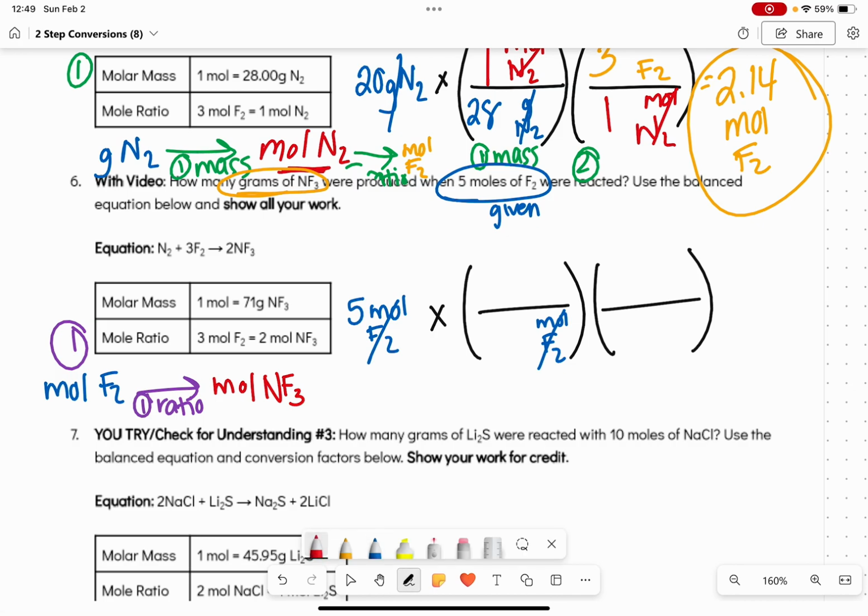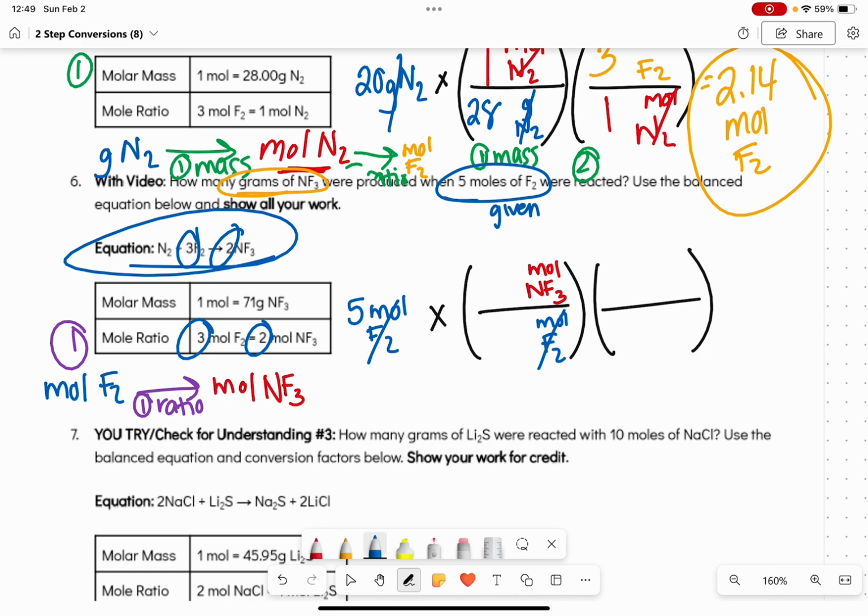And I want to find moles of NF3, so that's going to go on the top. Now the numbers that go with this come from our balanced equation, our coefficients. So the 3 in moles F2 comes from the 3 in front of F2, and the 2 in front of NF3 comes from the 2 in front of NF3 in the equation.